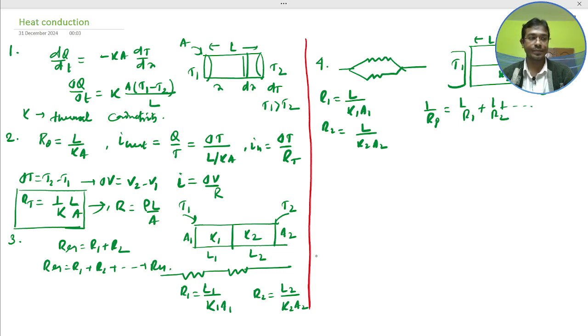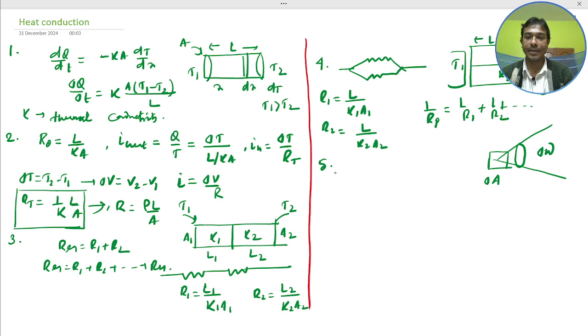Next one, the Kirchhoff's law in thermodynamics or heat transfer. So this is del A, suppose del A is the cross sectional area, and this is del omega, basically the solid angle.